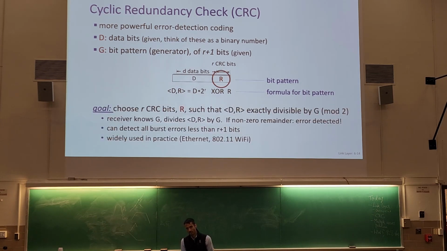We choose the R CRC bits such that the whole number, D times 2 to the R plus the checksum capital R, is exactly divisible by G. That is how we are generating the R CRC bits. So we're asking what R bits should I put here such that this whole thing is exactly divisible by G, which is an R plus 1 bit number that's just baked into the protocol. It's just some constant.